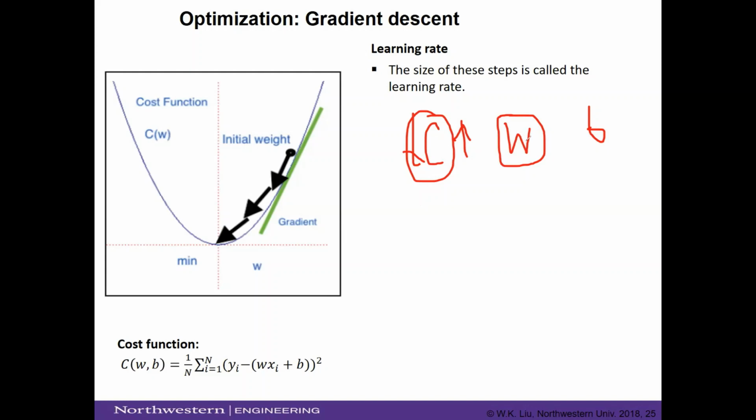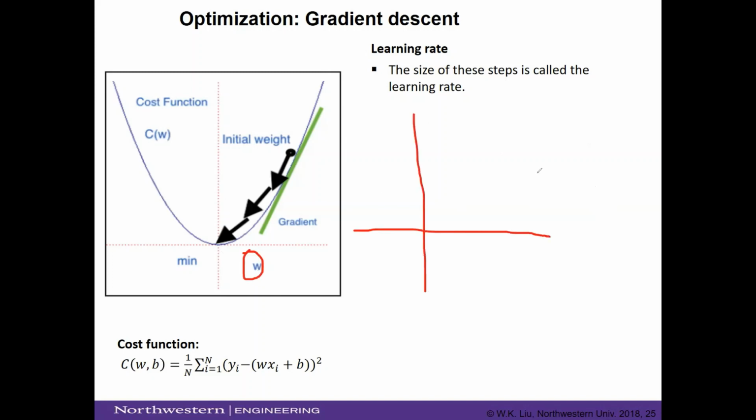So we want to change this value of W and this value of B in such a way that the cost function minimizes. Let's see for the case of W. From this figure, we can see that the cost function is dependent on the value of W. This is the initial point, the initial value of W.